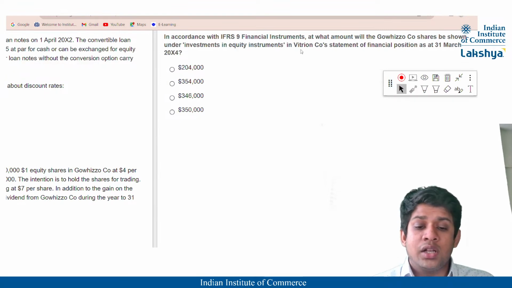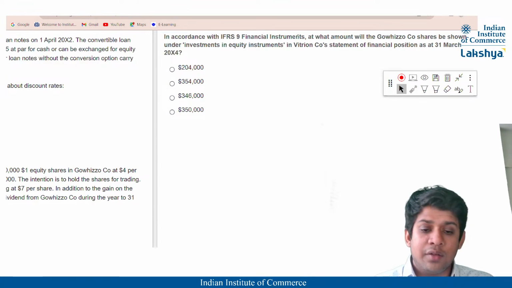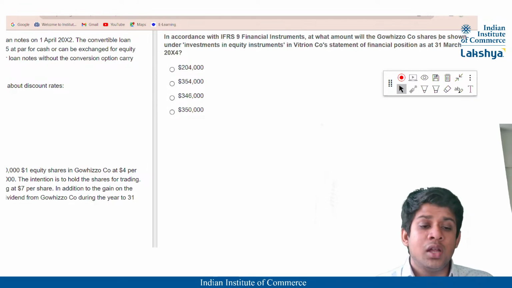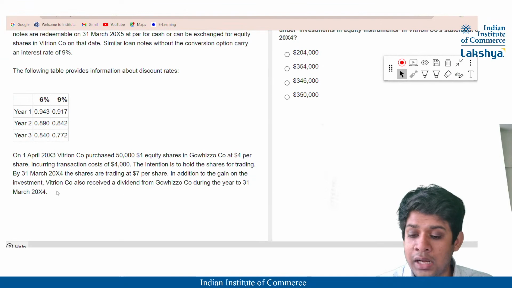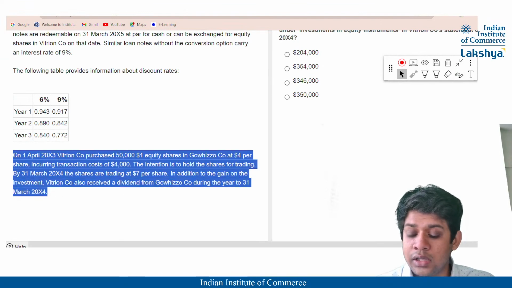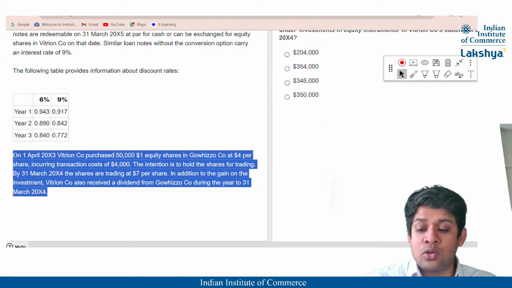In accordance with IFRS 9 financial instruments, at what amount will the Goziho company shares be shown under investments in equity instruments in Withdrawn company's statement of financial position at the year end? So technically, they are asking for how the equity shares will be shown.